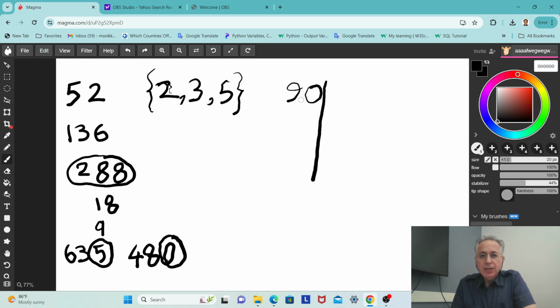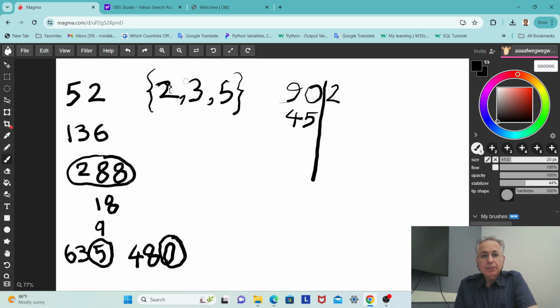Is 90 a multiple of 2? Yes. Why? Because that is an even number. So divide by 2, 90 divided by 2 is 45. As long as it is even, you can keep continuing, but it is not even anymore. 45 is not a multiple of 2. You can go for the next prime.